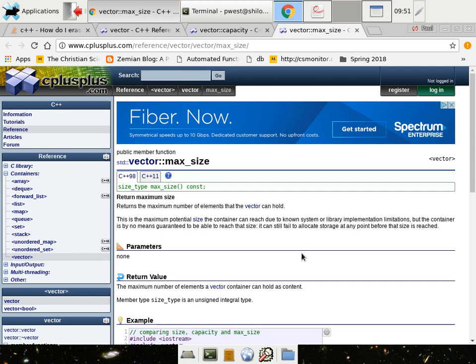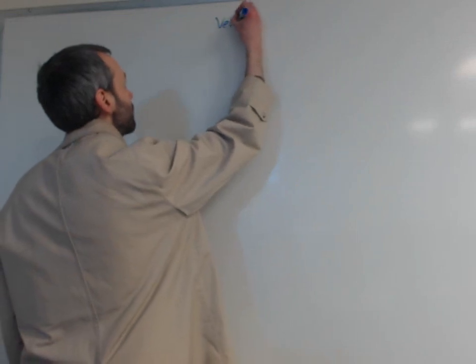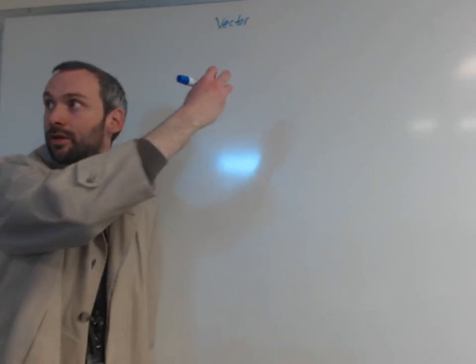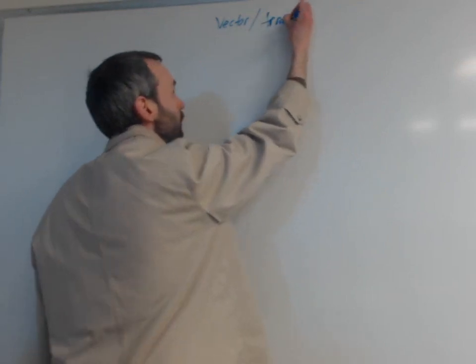All right. Which one am I gonna be typing up later? No, we're not programming any of these. But I do want to go over a couple of important characteristics of vector while we still have these in our mind. So let's go over here. Let's say, we'll call this a vector slash array.